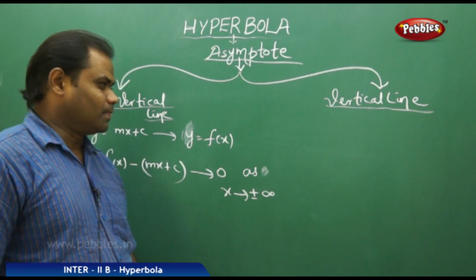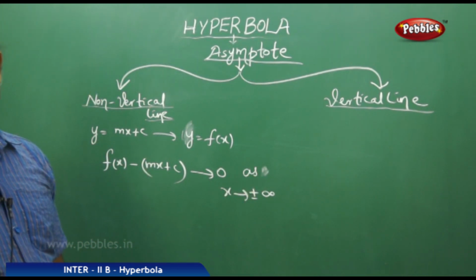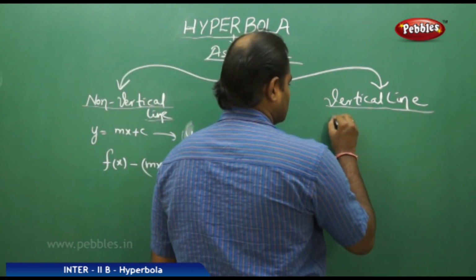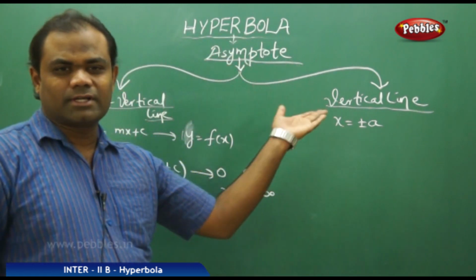Now similarly, let's see the vertical line being an asymptote, that is x equal to plus or minus a. One is a on the right and one is a on the left.